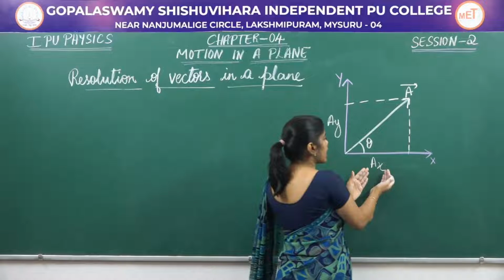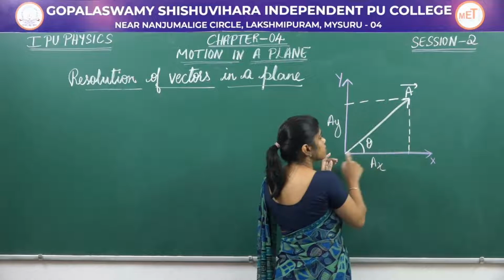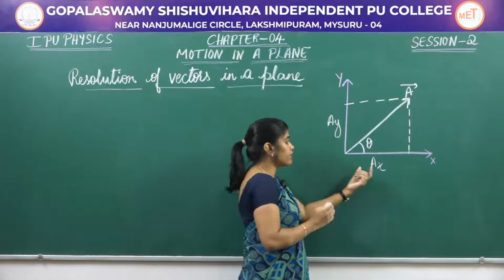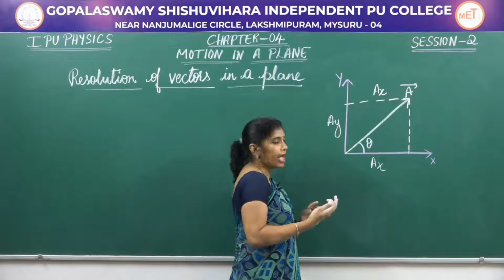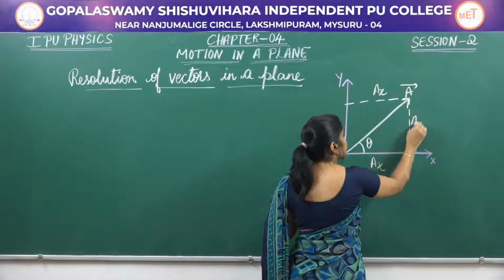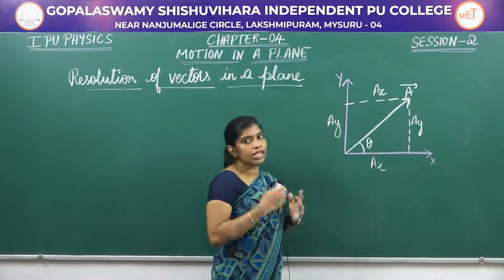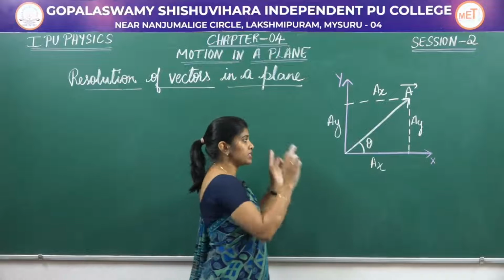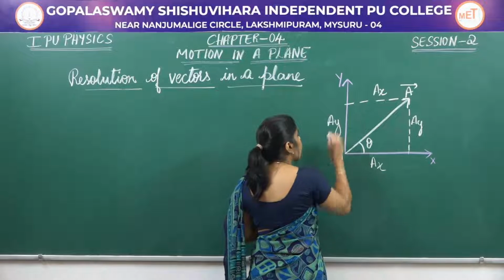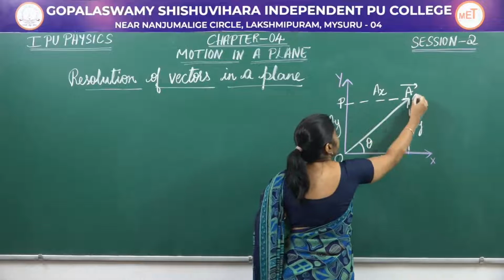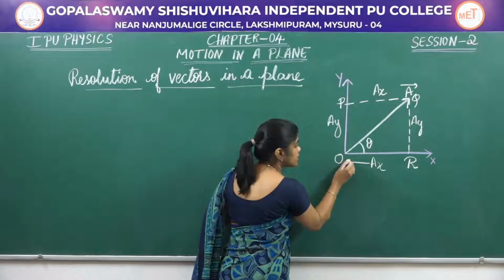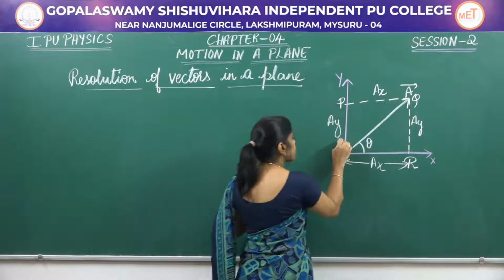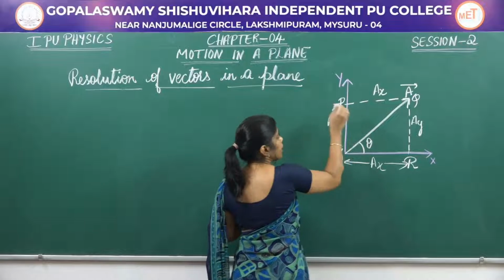Next, there is a formation of a rectangle here. If this is Ax, then the value of this side also will be Ax, and if this is Ay, this side also becomes equal to Ay. Now let us name this rectangle O, P, Q and R. So this whole thing will be Ax and this will be Ay.